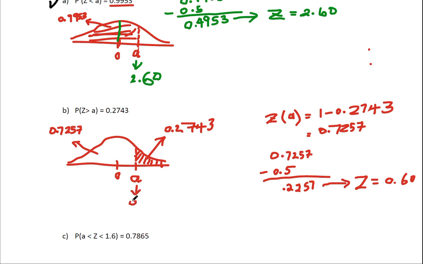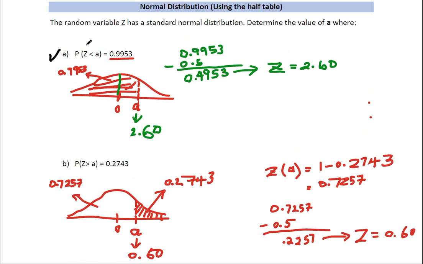So A is 0.60. In other words, 0.60 is that value whereby the probability that Z is greater than that value, in other words, the probability that Z is greater than 0.60, would be 0.2743. So that's our answer. This is how we deal with greater than a positive value. If it was just less than, it's much simpler.